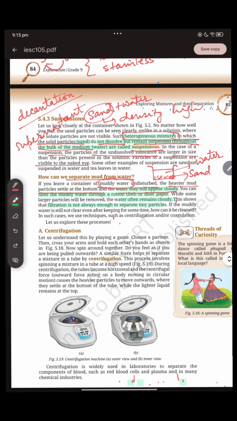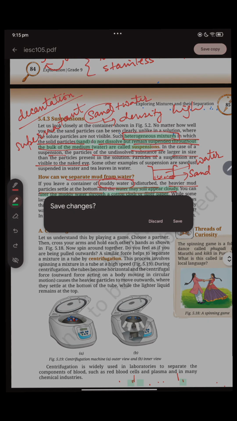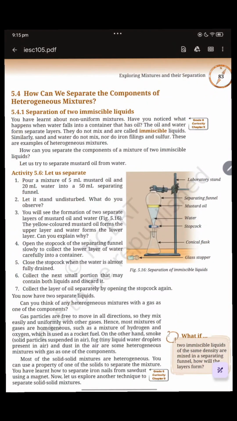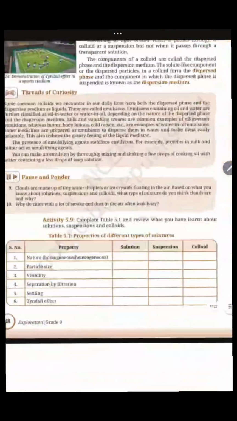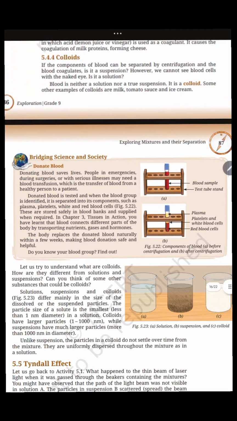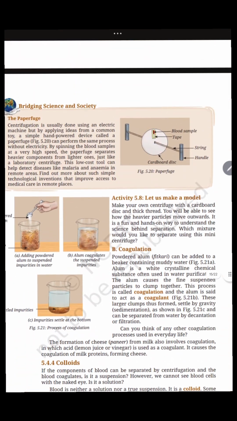Though you can use the filtration method to separate sand and water, when you take mud and water, you cannot use this method of filtration, right?